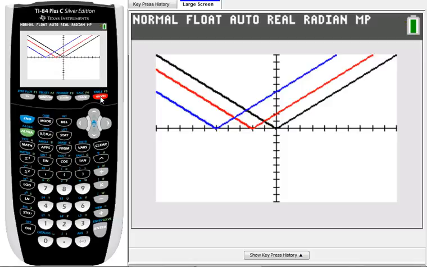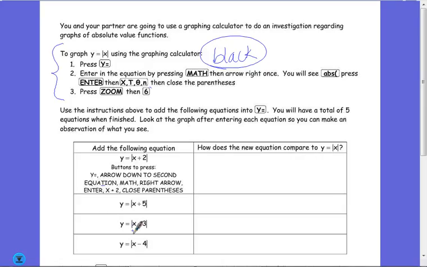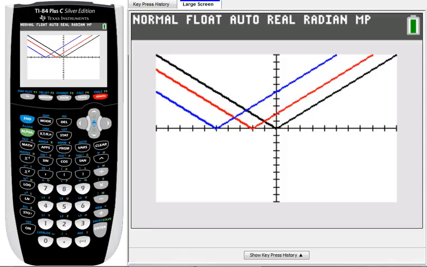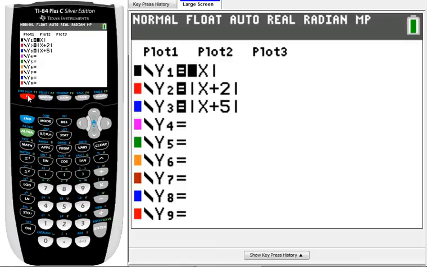So again, pause the video for a moment. Write down the difference between the black one and the blue one. Okay, so let's take a look at our third one. Absolute value, this time x minus 3. So y equals, now we need a new blank.